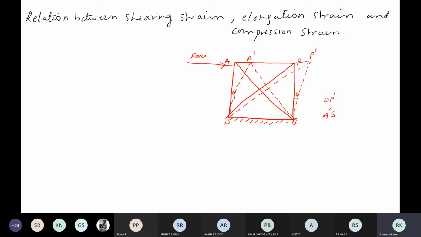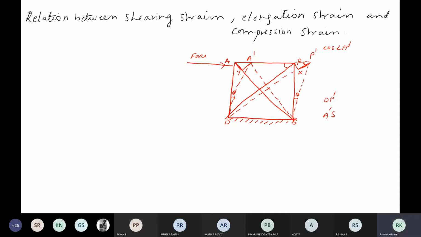Because it needs a little understanding. Then what I did, I said this angle is 45 degrees, because this is also 45 degrees. So what is cos of angle P dash X? Before that, I draw one length saying X. I draw a tangent here, Y. So this is the elongation produced and this is the compression produced.